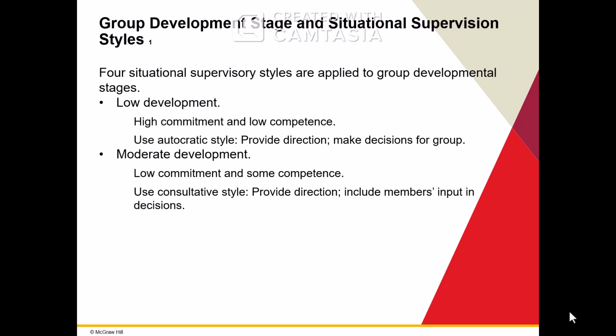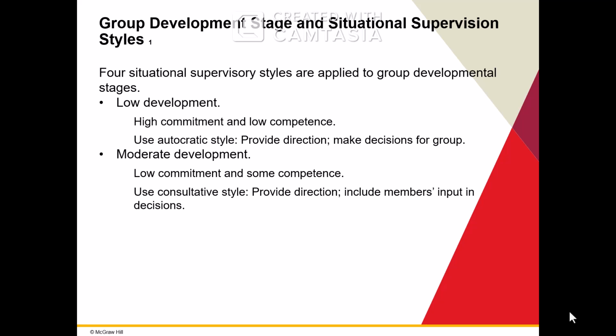So here we are going to discuss group development stage and situational supervision style. 4 situational supervisory styles are applied to group developmental stage. So if we want to develop groups, we have 4 situational supervisory styles that can be applied to each stage.